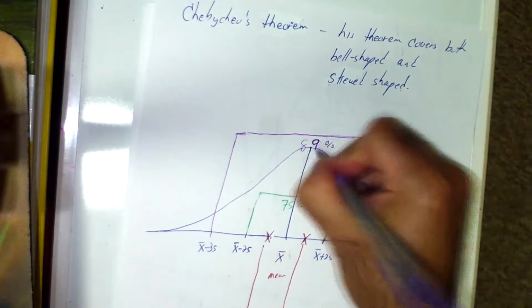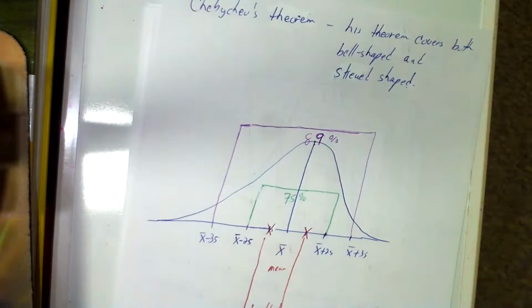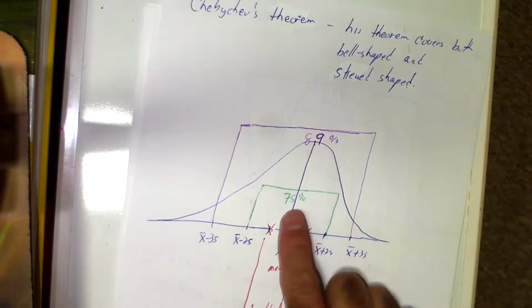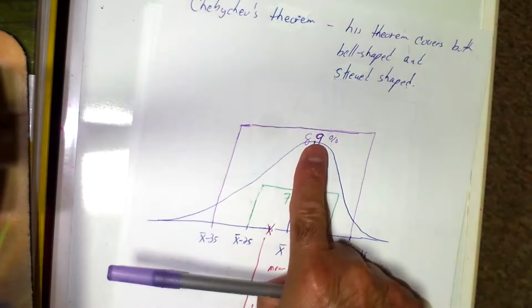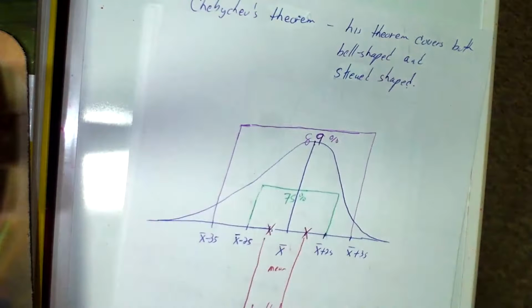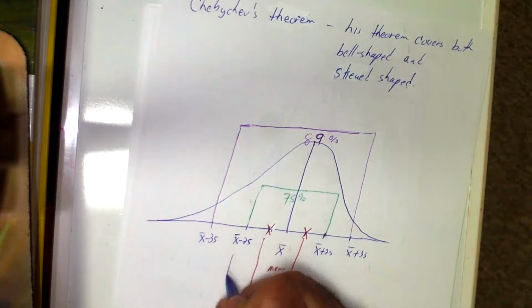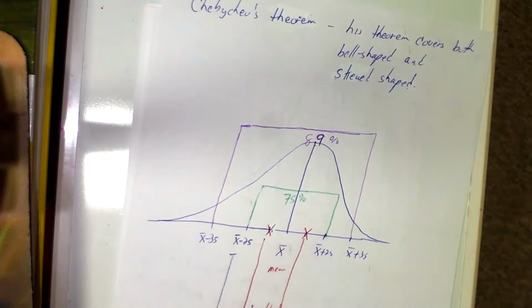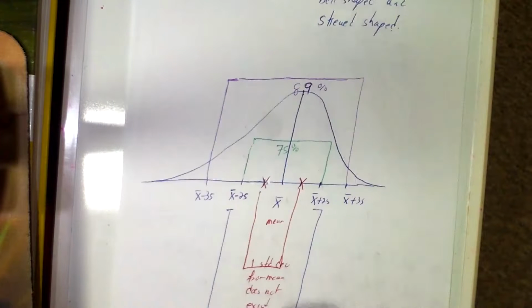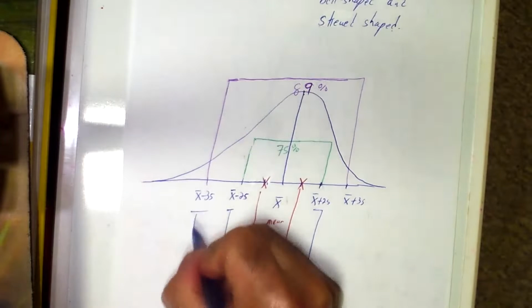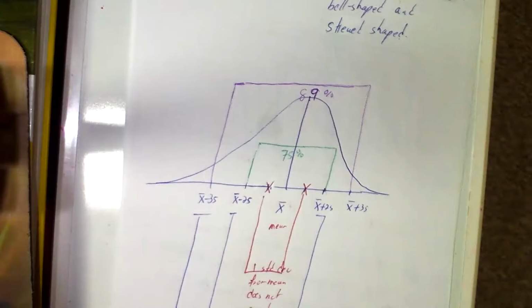So the empirical rule had 3 of them: 68, 95, 99.7. Cheby believes there's only 2: 75 and 89%. And that's for both bell shape and skewed. So this here represents 2 standard deviations from the mean. And this area is 3 standard deviations from the mean.